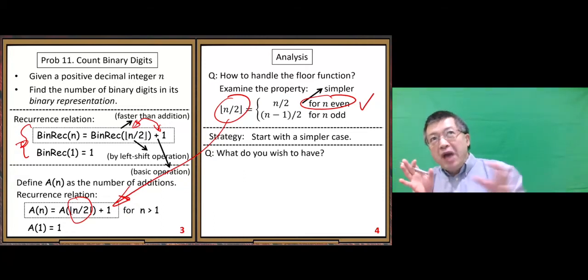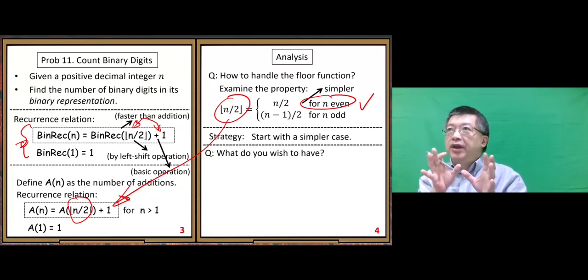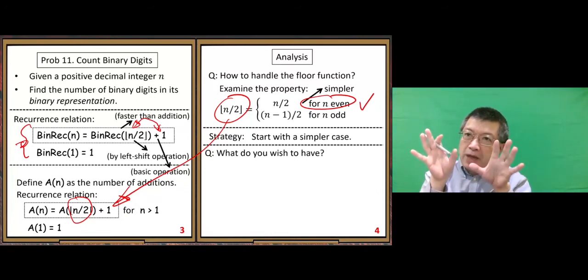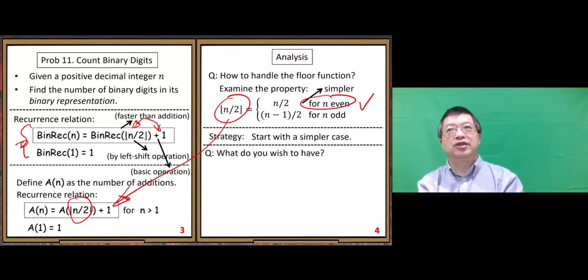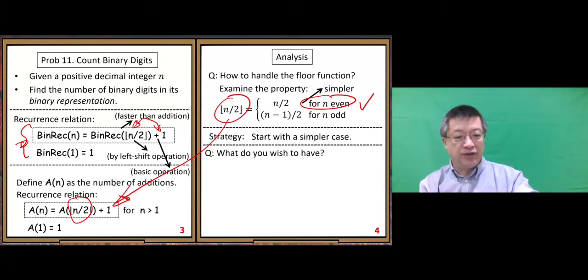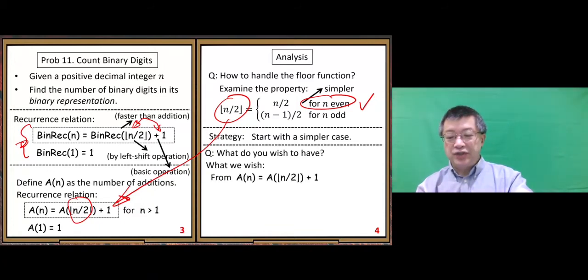When you have freedom to choose which case is simpler, you want to choose the one that is as simple as possible. Definitely you wish to have the simplest case, right? So we ask: what do we wish for this case?